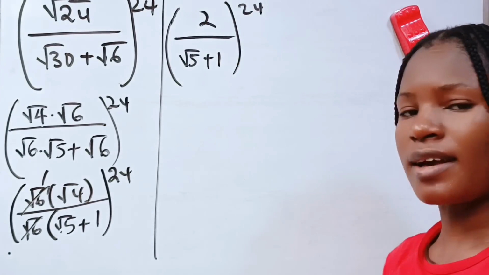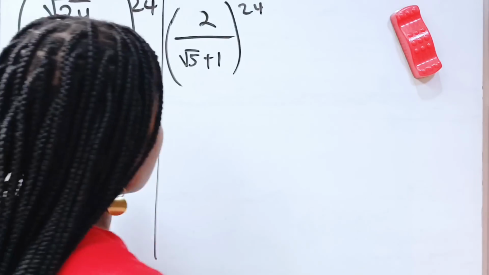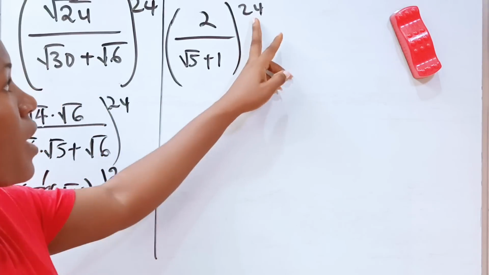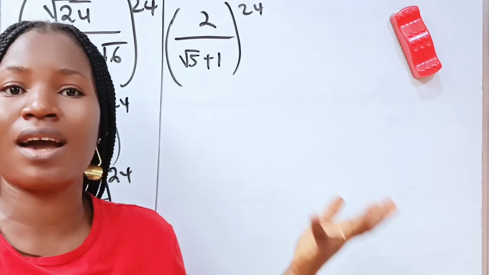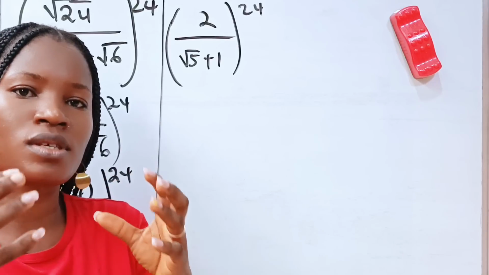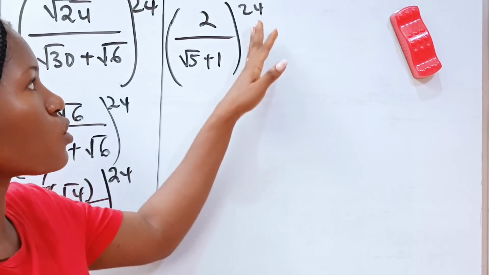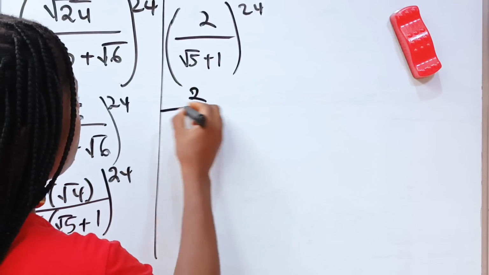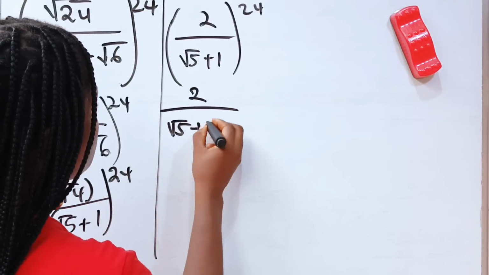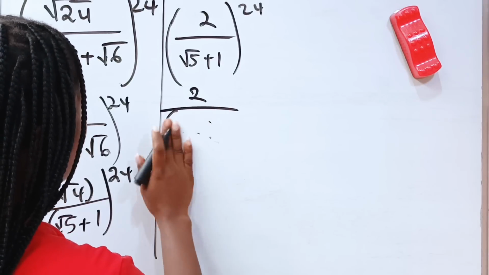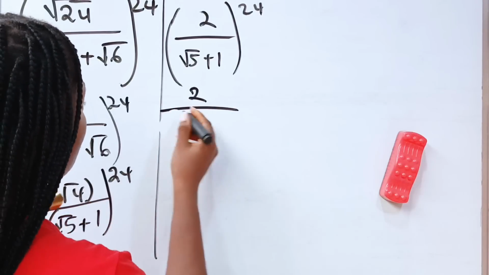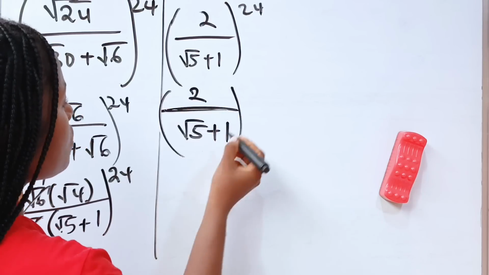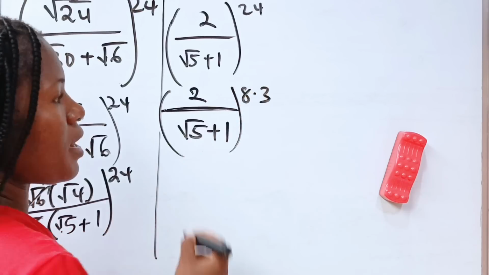Now remember that in examination the most important thing is you solve in such a way that you save a lot of time. Now we have 24 and the power of 24 is actually high. Let's minimize it to a smaller number. So 24 can be expressed as 8 multiplied by 3. So now we write 2 divided by root 5 plus 1, the brackets has no use, 8 multiplied by 3.